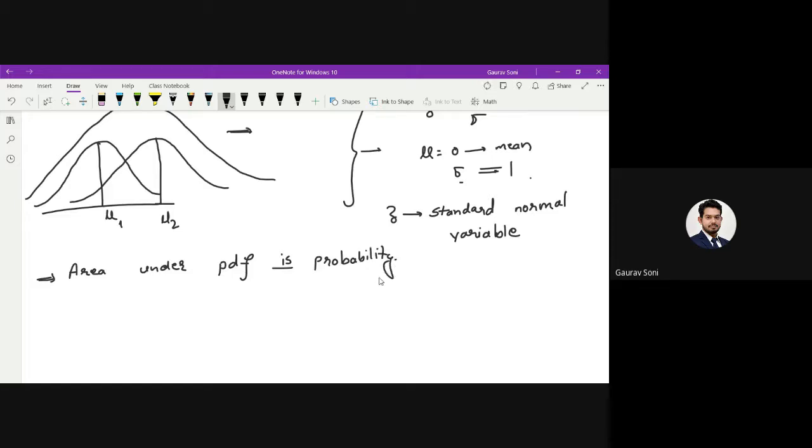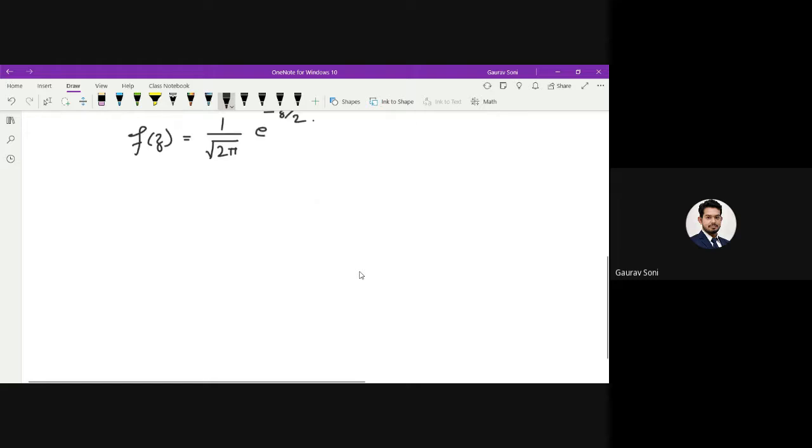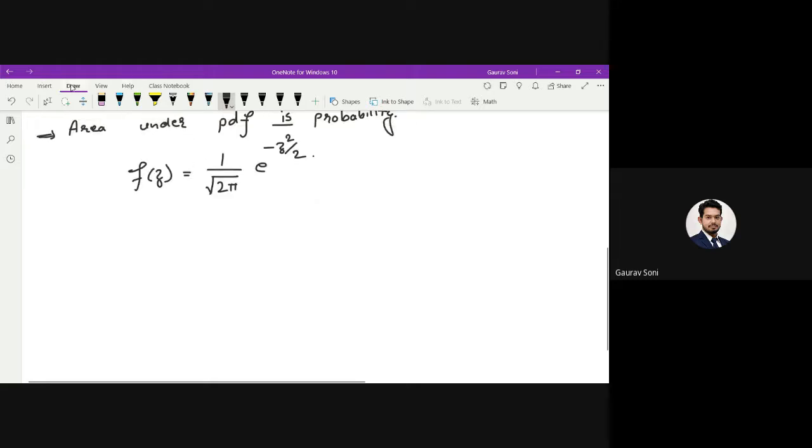So once we change the variables, our new function f of z becomes 1 upon under root 2 pi e to the power minus z square by 2. Now for this particular function, we have a statistical table.